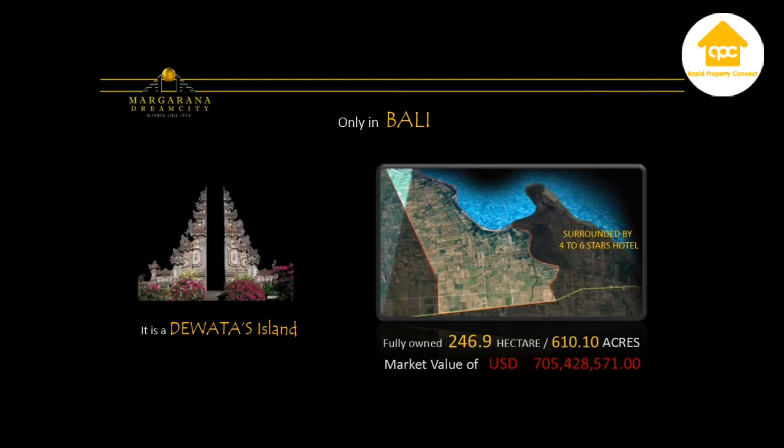And the development that we are talking about is about 610 acres of land on the northern part of Bali, very close to Matahari Resort. It's a 6-star resort. And the market value just now you saw is about 3 million per acre. So the land value is easily about 1.8 billion US dollars.